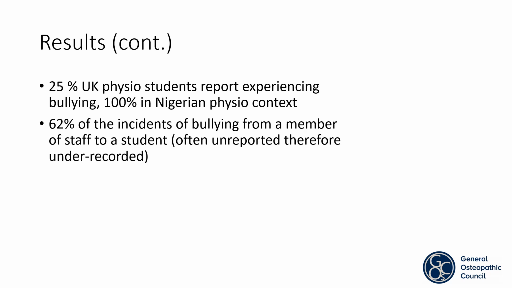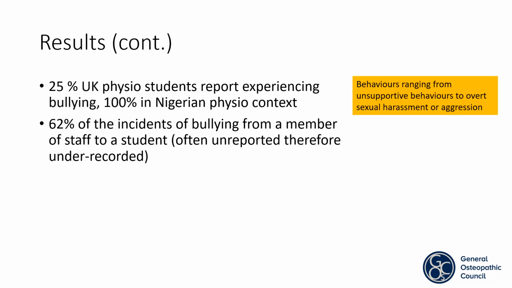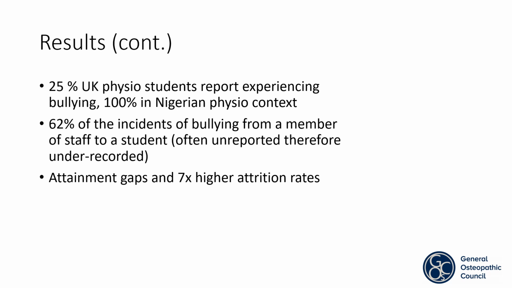Two thirds of the incidents of bullying were from a member of staff to a student, which led to the fact that it was potentially underreported because of the fear of retaliation. And the behaviors that were reported ranged from unsupportive behavior to overt sexual harassment or aggression.